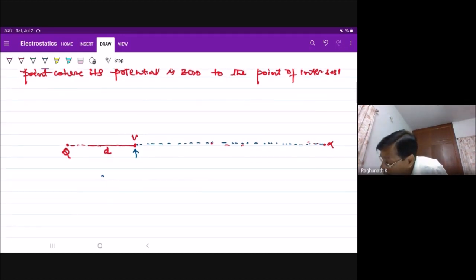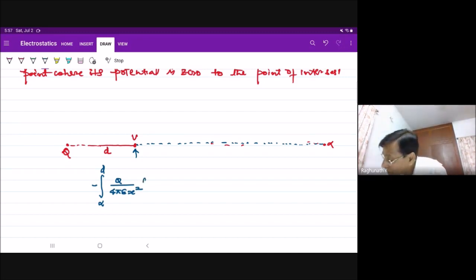Integral x is equal to infinity to d. Carefully look at it. Minus. Along this line, E bar is what? E is Q by 4 pi epsilon x squared at any x.